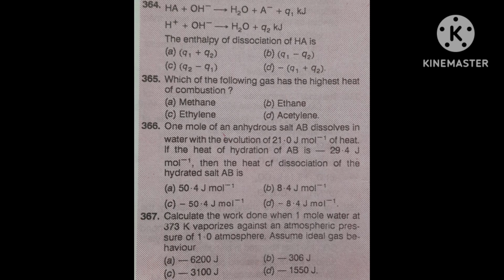Second, minus 306 joule. Third, minus 3100 joule. Fourth, minus 1550 joule. Again I am repeating the options: minus 6,200 joule, second minus 306 joule, third minus 3,100 joule, fourth minus 1,550 joule.